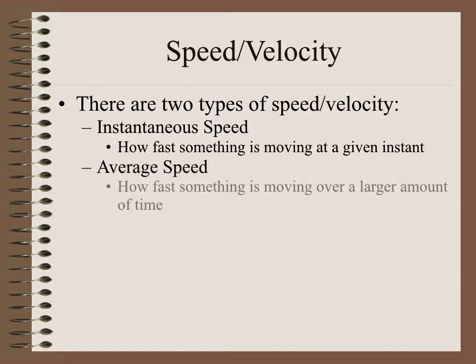The average speed is how fast something is moving over a much larger period of time. Average speed is generally used for when you're moving at a more or less consistent speed over that time. We are going to focus on average speed for the remainder of this lesson and take a look at instantaneous speed in a later lesson.